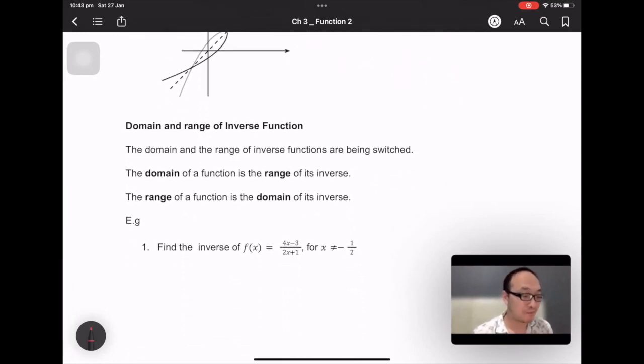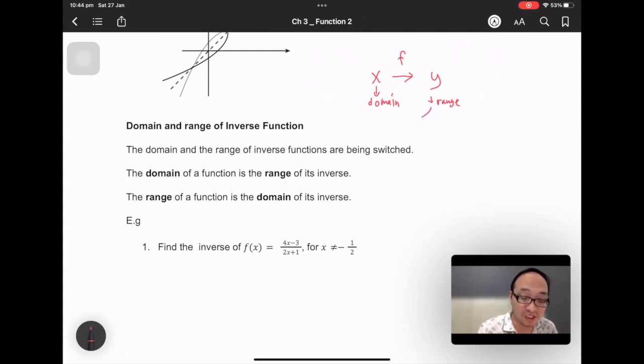Now, how about the domain and the range of the inverse function? We know that the forward function is mapping x into y. So this is the domain, this is the function, and this is the range. How about the inverse? So the inverse is this.